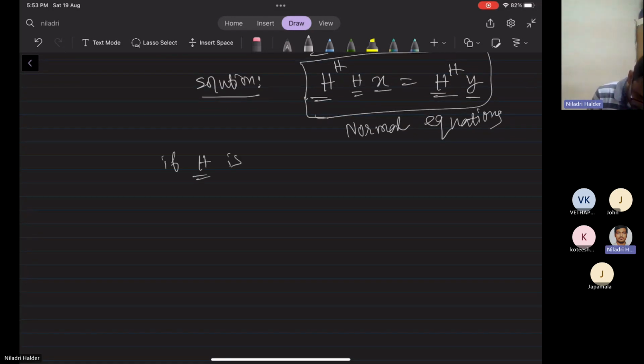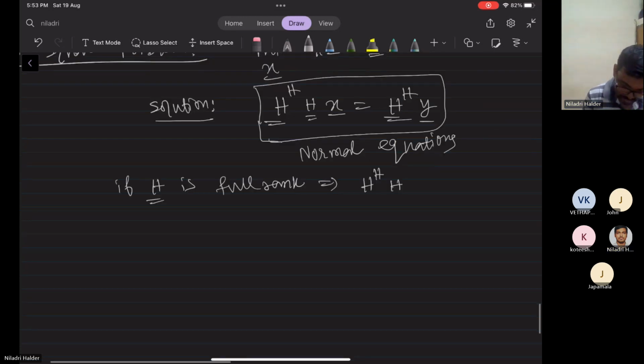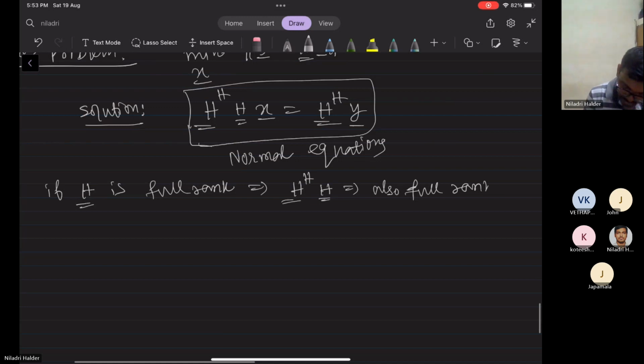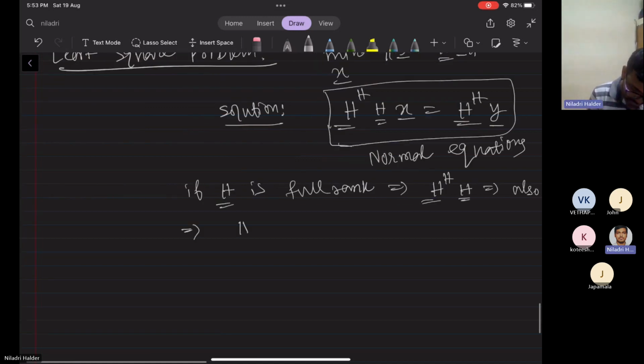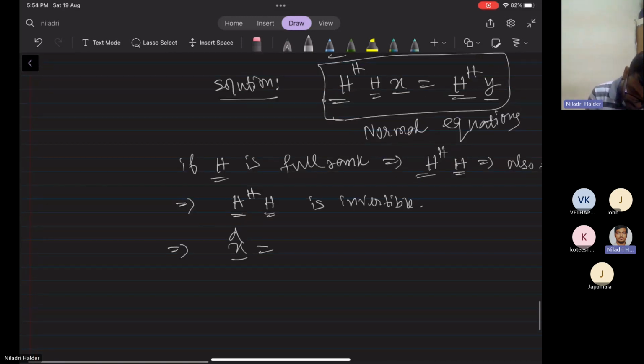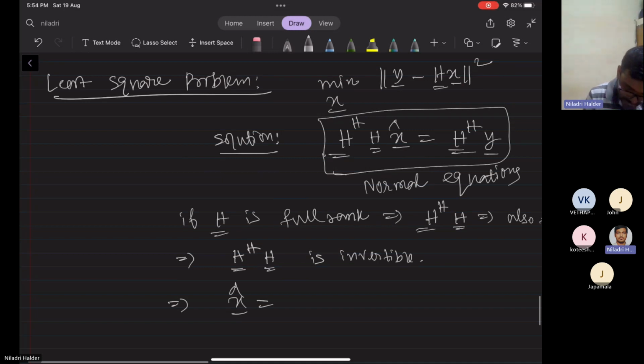And if H is full rank, that means H Hermitian H is also full rank. So that means this H Hermitian H is non-singular or invertible. Then suppose this is x hat, so it satisfies this condition.